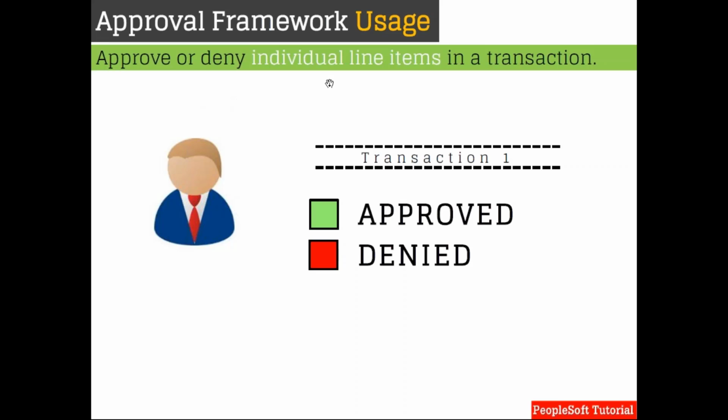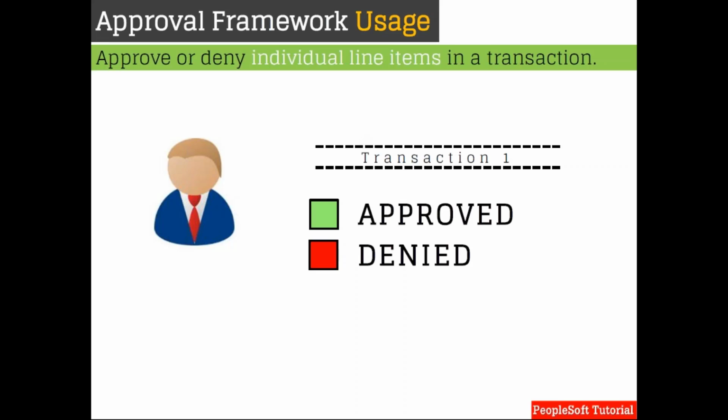So, approve or deny individual line items in a transaction. Say that we have an expense request where we want some accessories for our workstation. Say we want a monitor, a keyboard, a mouse.